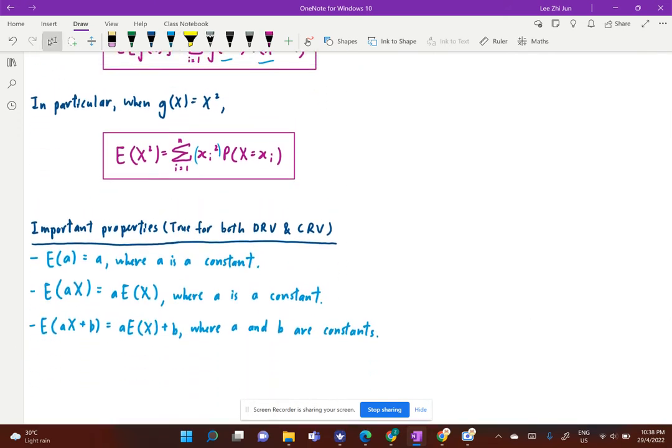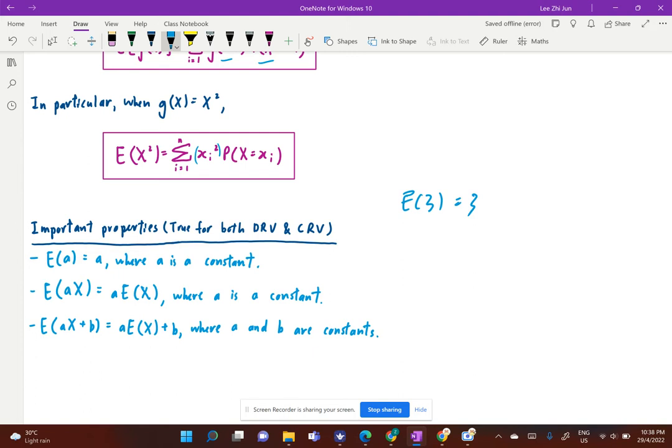So, important properties. This is true for both DRV and CRV. Later for continuous random variable, I will not talk about it again. If E(a) equals a, where a is a constant, like E(3), it will be 3.